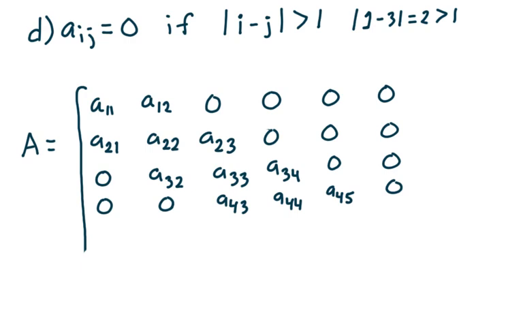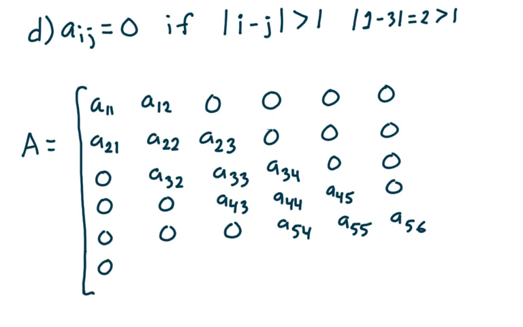So let's keep going. I want to finish this problem. Now, A51, right? That's 0. A52, 0. A53, 0. Then I'm going to put A54, A55, A56. Okay?